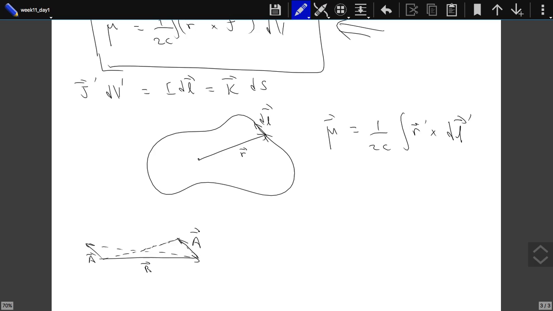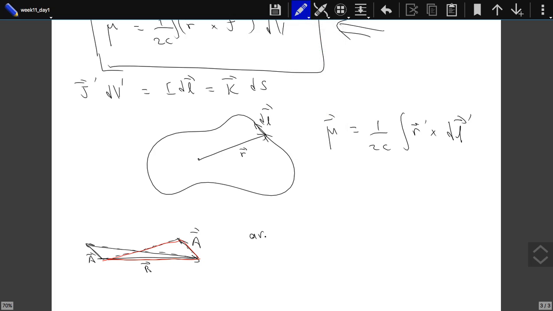So this is the vector A. The area of any of these two triangles we have, this one and this triangle. Both triangles have the same base, they have the same height, so they have the same area.